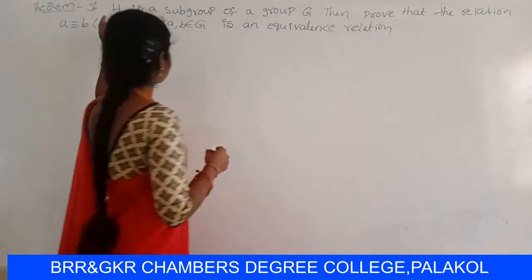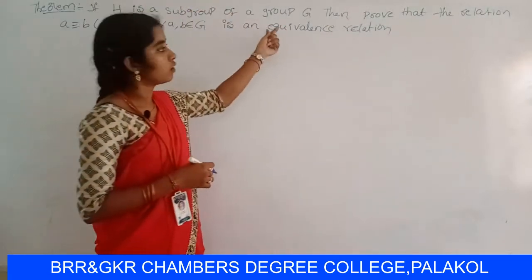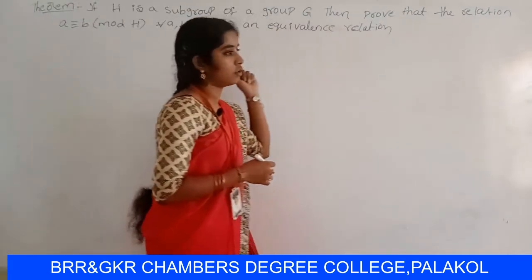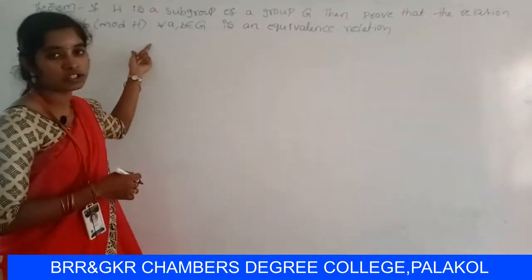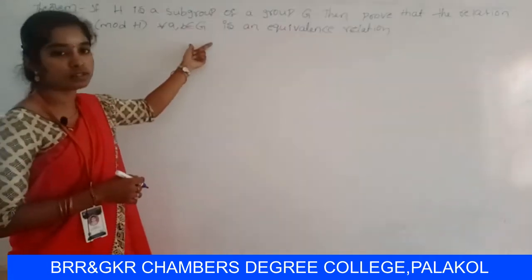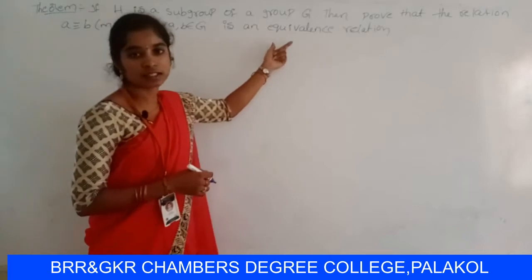So if H is a subgroup of a group G, prove that the relation A congruent to B modulo H for all A, B belonging to G is an equivalence relation.